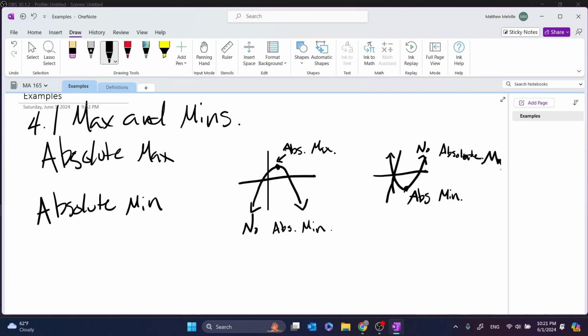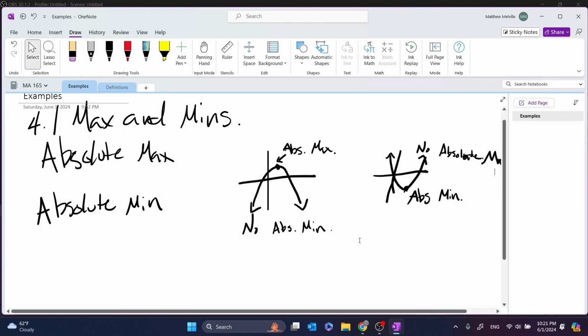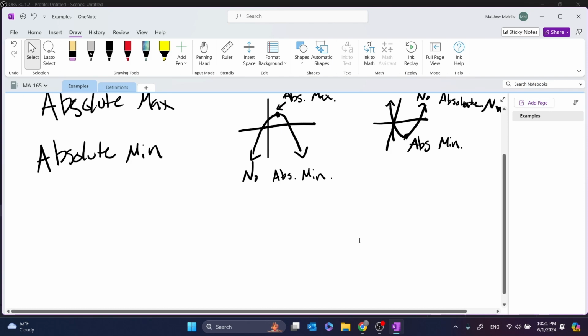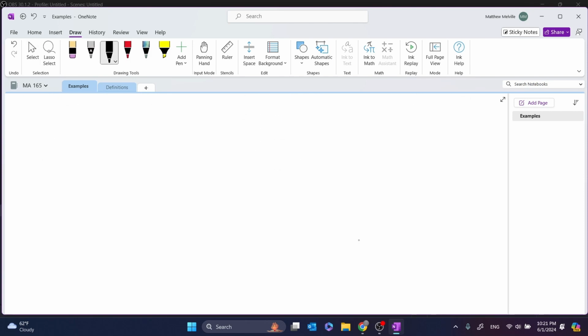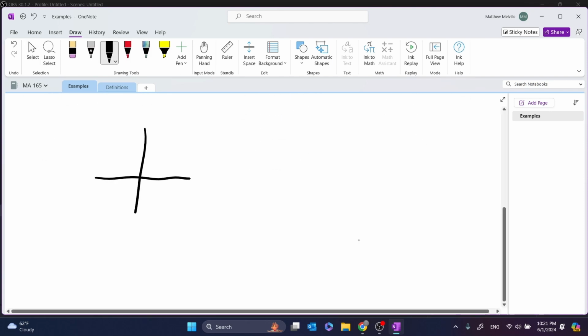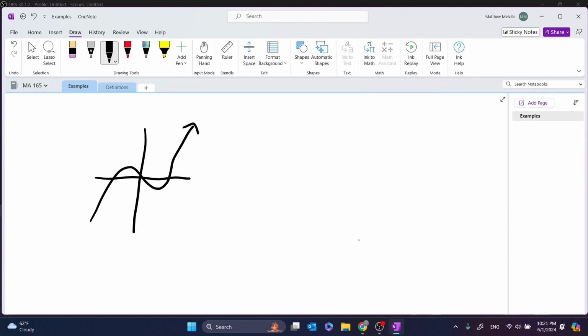So okay, well, there's no absolute min, there's no absolute max on those ones. But what about a graph that looks something like this? We have these values right here and right here. We'll say this is like -3, and this one's like 3.